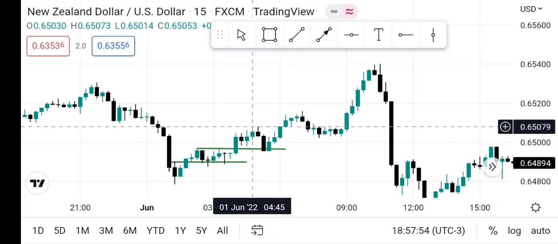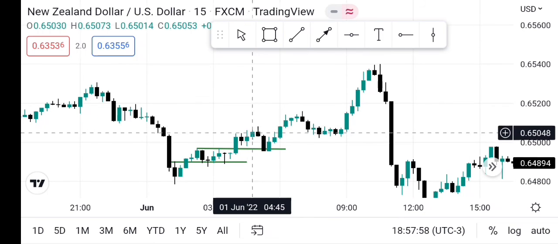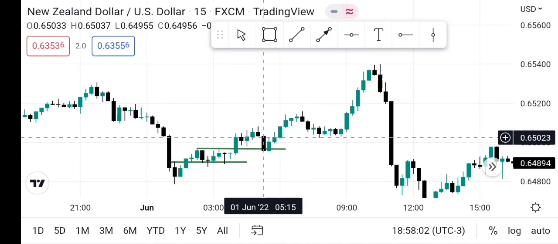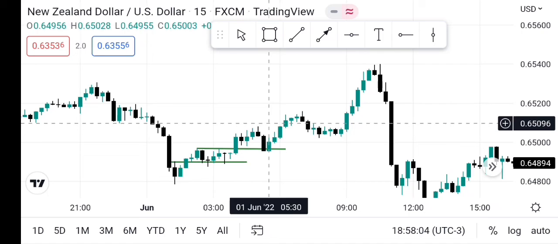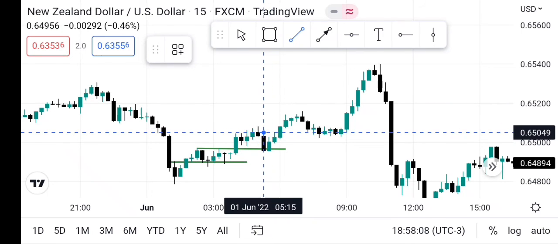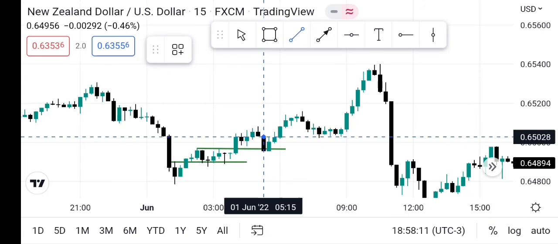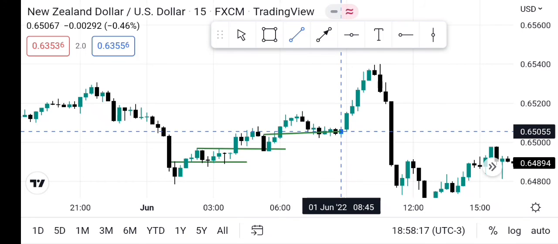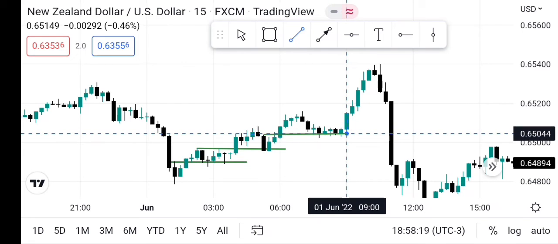You can take the high of the candle that makes the swing high, or you can also take the high of the candle that makes the swing low. It doesn't really matter as long as the swing low is also close to the swing high. You can choose to take any one.